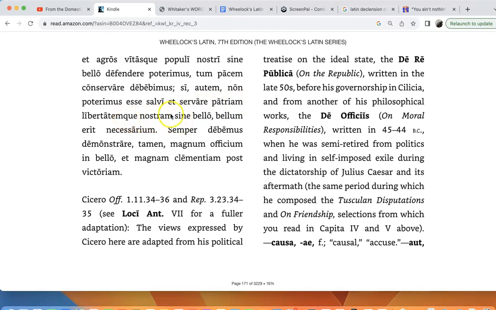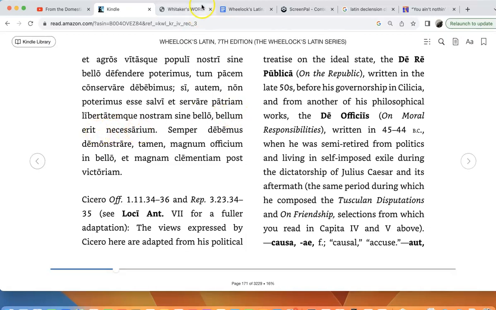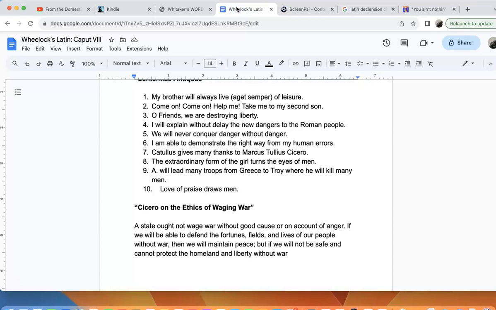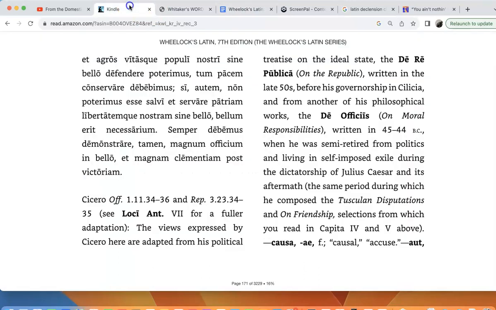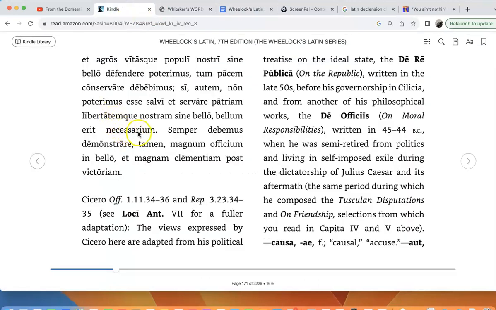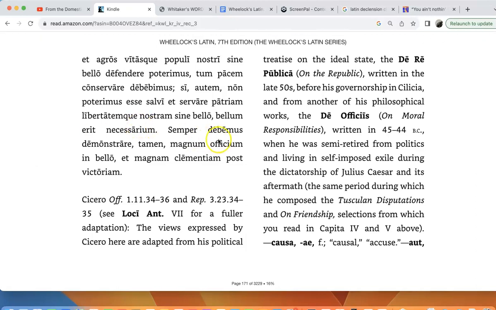So without war, sine means without, war will be necessary. So here we can actually keep the original word order. War, erit, and then necessary, coming right from the Latin necessarium. War will be necessary. So erit is future tense, irregular will be.